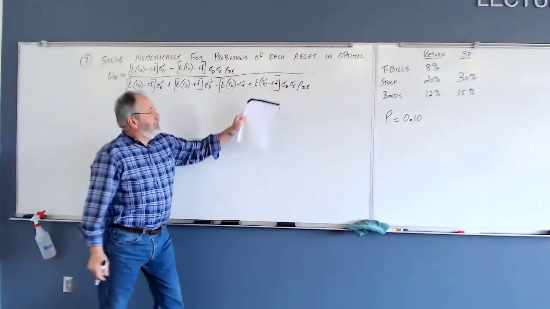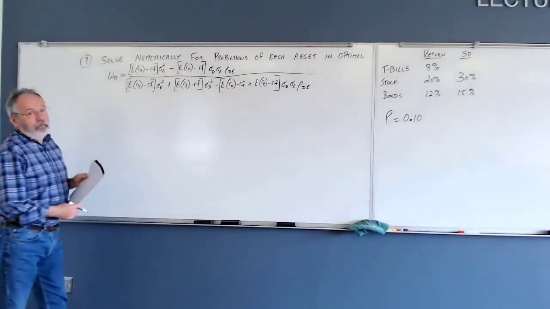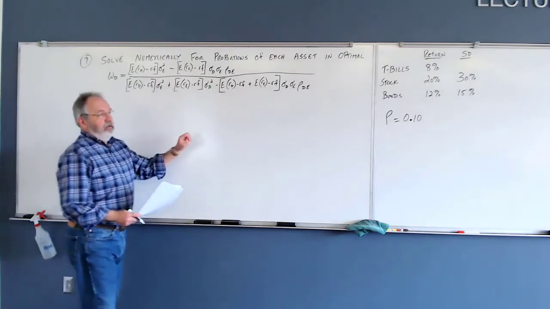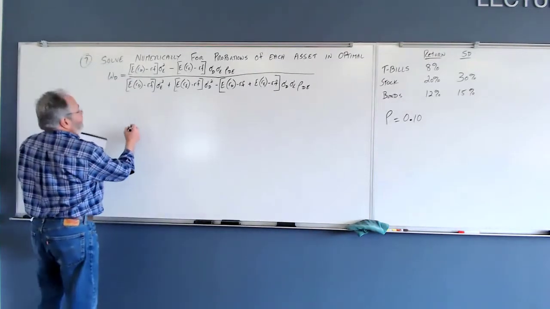And again, correlation, sigma debt, sigma equity. Okay, so that's our formula to figure out the amount of each asset in the optimal portfolio. Let's plug in our numbers.